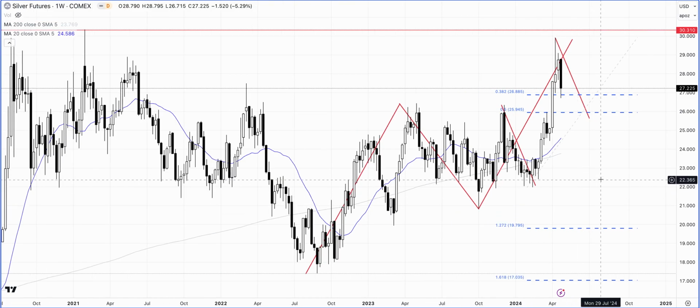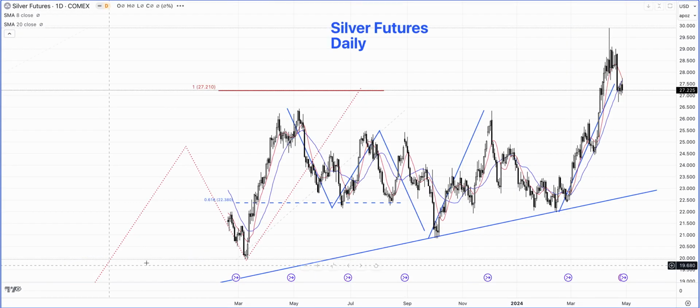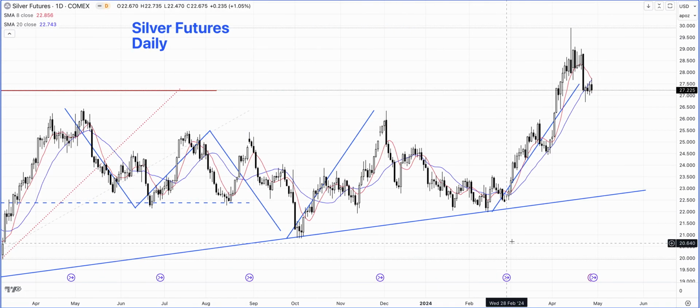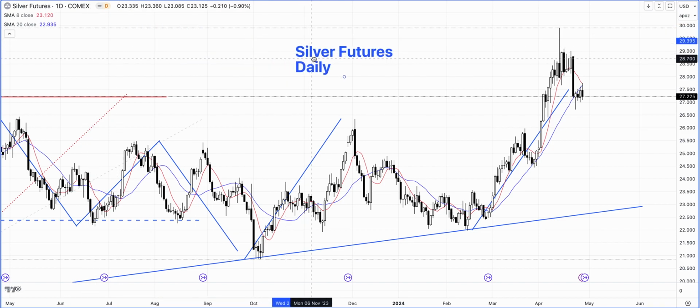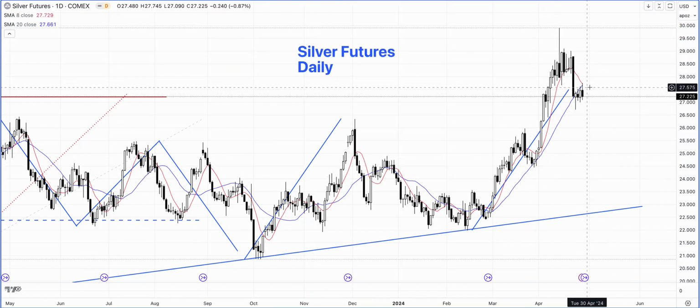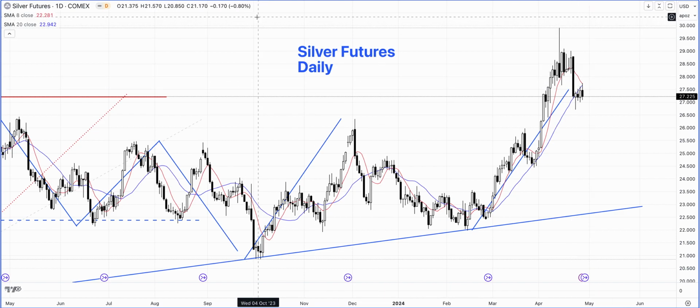This is the COMEX. Here we can clearly see that the market has completed a 38.2% retracement in the silver. Hasn't done that in gold, so the gold is actually stronger from a price action perspective. And here what we are looking at is you can see silver market finding resistance from the 8 period moving average and 20 period moving average.